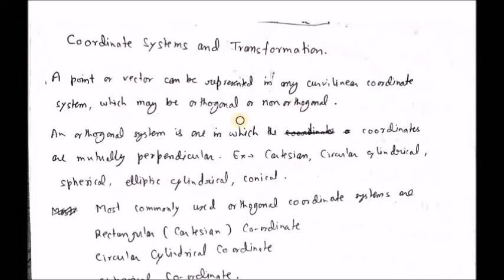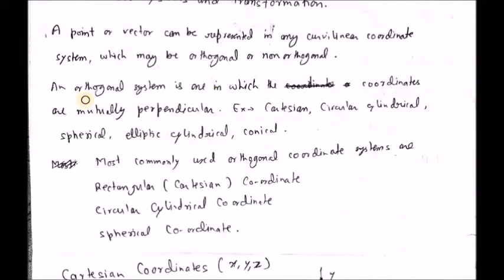Normally it is easy to work with an orthogonal system. An orthogonal system is one in which coordinates are mutually perpendicular, and examples are the Cartesian coordinate system, circular cylindrical coordinate system, spherical coordinate system, elliptical cylindrical, conical.